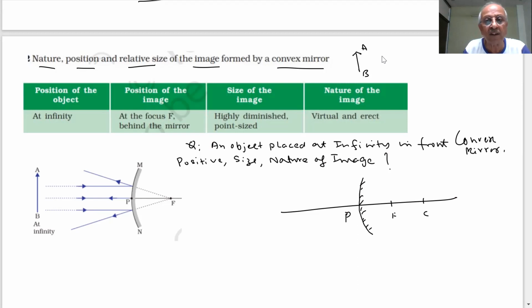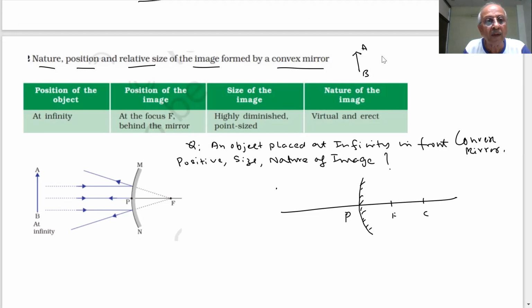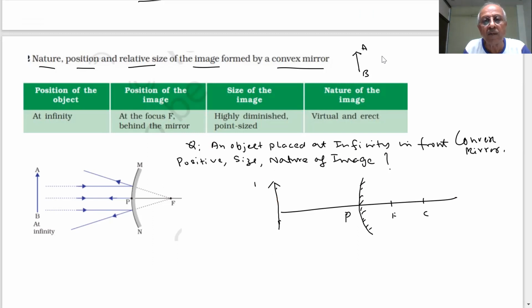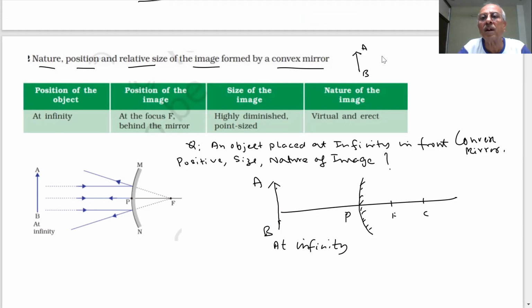There is an object here, students. What will happen to the object? If I consider an object, this is at infinity, student. AB. What is the distance at infinity? So let me make it more simple for you.